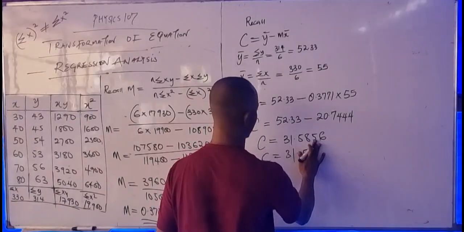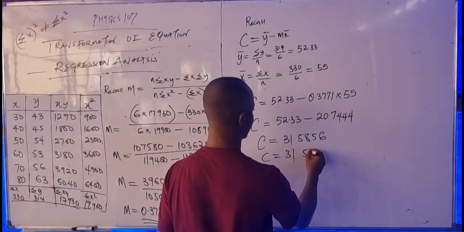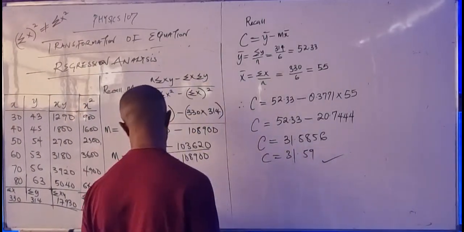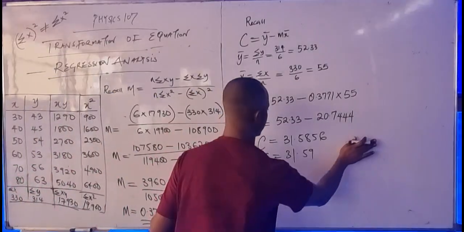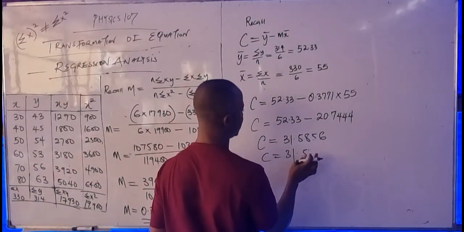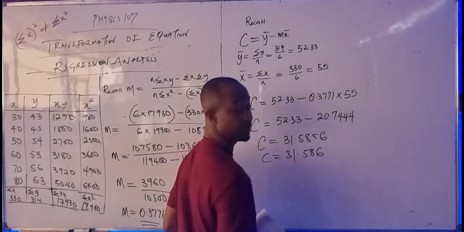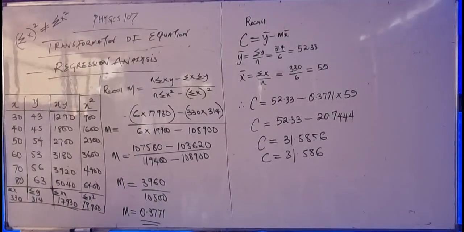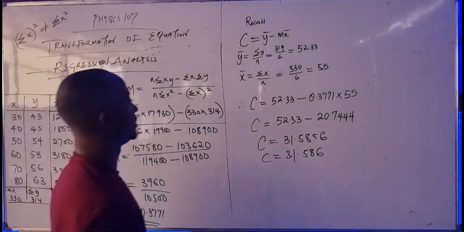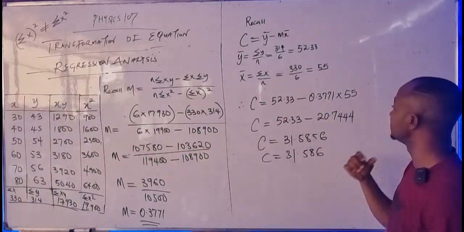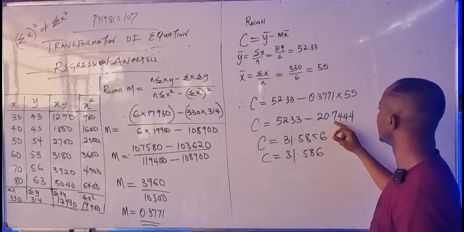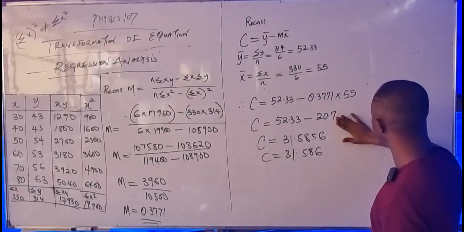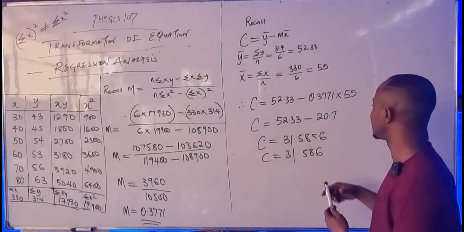Okay, 59 is okay. 31.586. Is there a mistake somewhere? 20.7405 is what you gave me now.